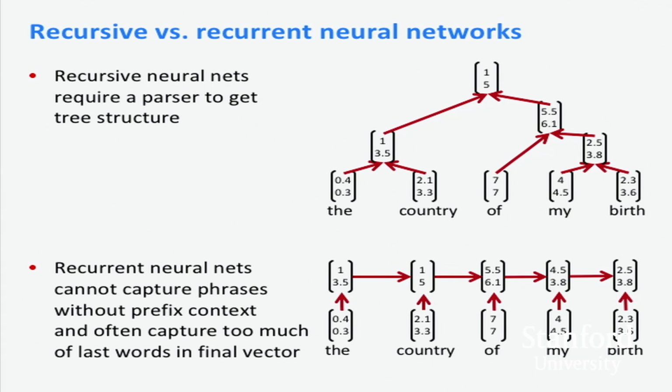So LSTMs have this very simple structure, because it doesn't matter what the sentence is, the structure is always the same, right? You just have that same sequence model that chugs along from left to right, which makes them very computationally appealing. But of course, they have the disadvantage that they're not actually representing any of the structure of the sentence.